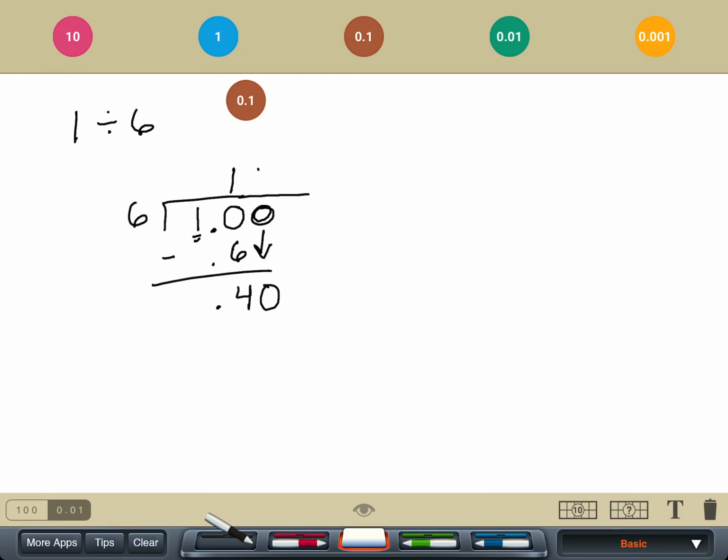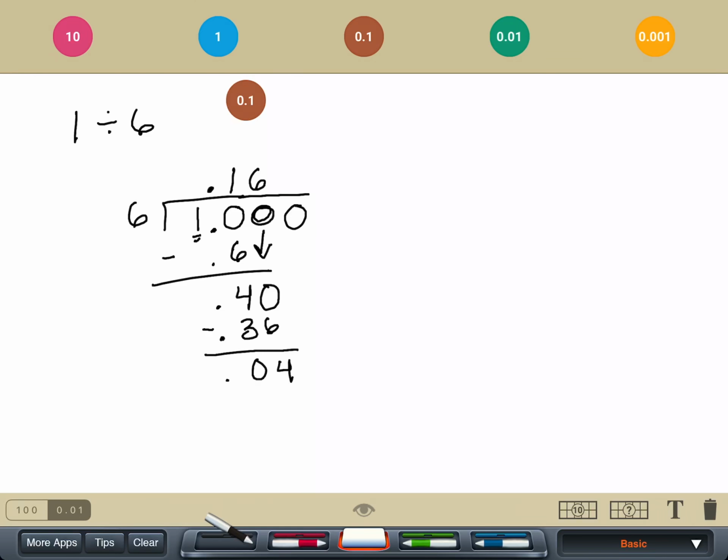That's too many. So we could put 6 hundredths in each of the 6 parts. Make sure you put your little decimal there. And we would have used 36 hundredths. And then we would have 4 hundredths left.